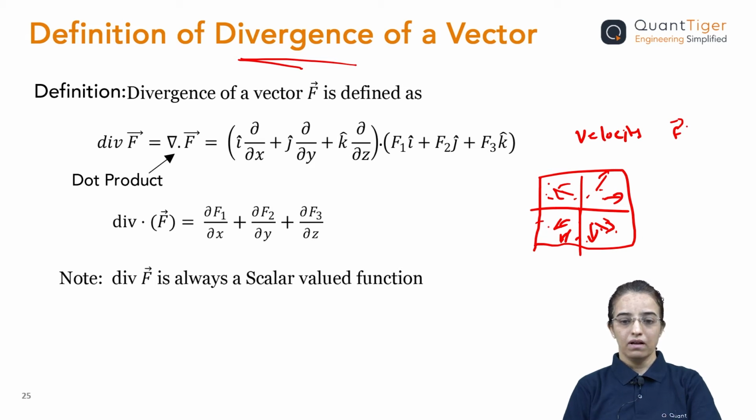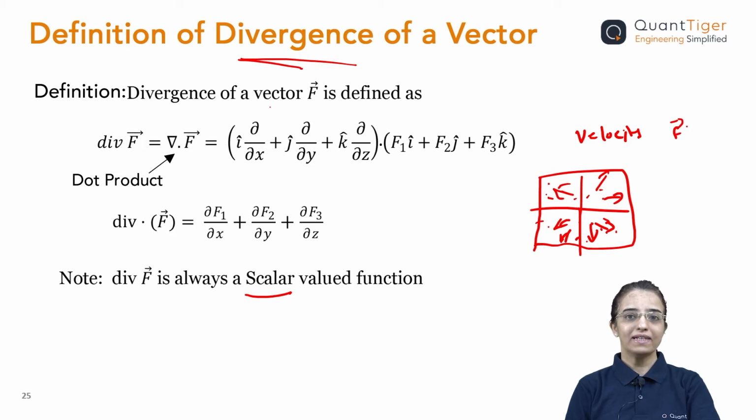So this is a scalar quantity, because it is telling whether the vector field is diverging, dispersing, or getting collected at a particular point. So that's what it is useful for. So it is a scalar quantity.